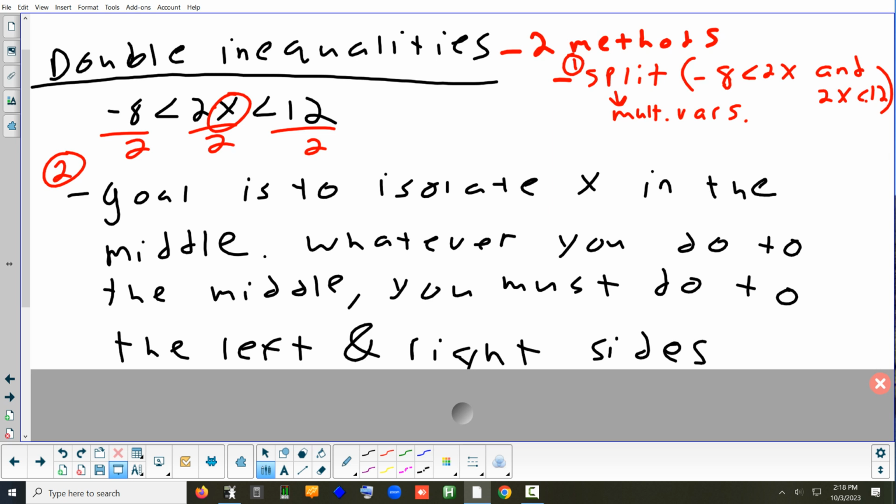Again, as long as you don't have multiple variables. If you've got x's in multiple spots, forget about trying to isolate x in the middle. Not going to happen. You have to use the first method, splitting it into 2 problems, if you have multiple variables.